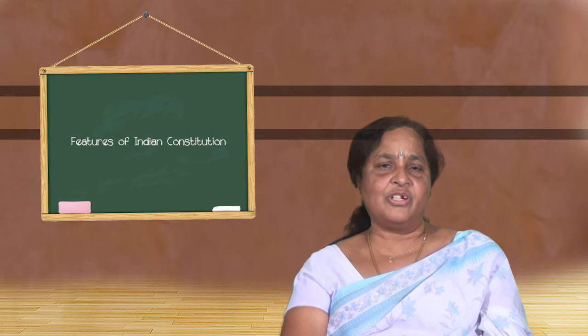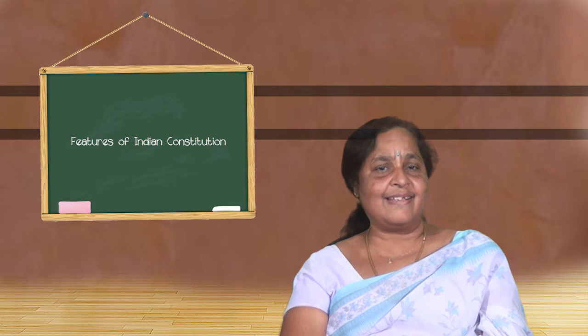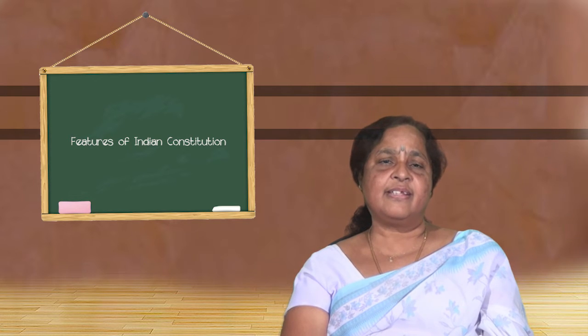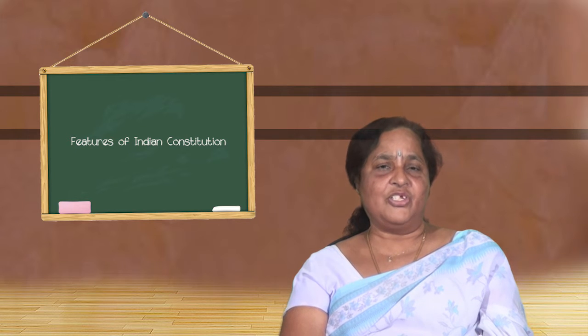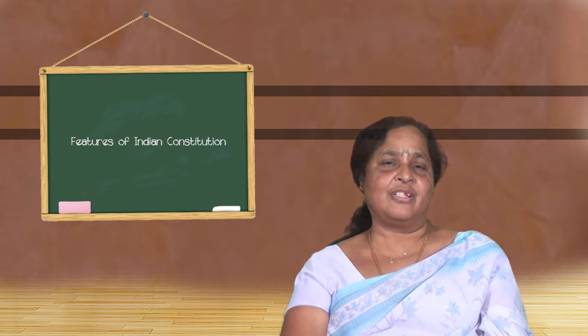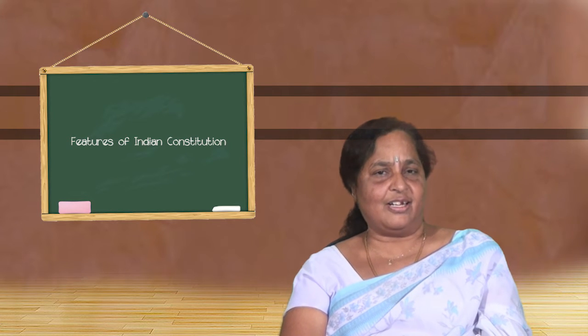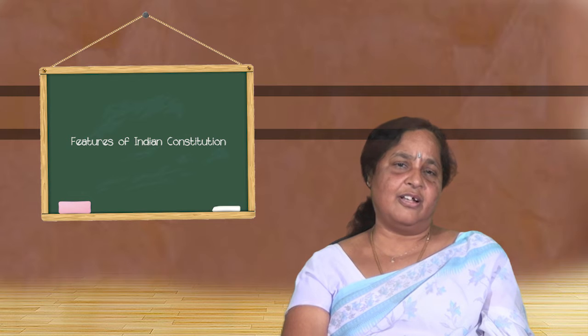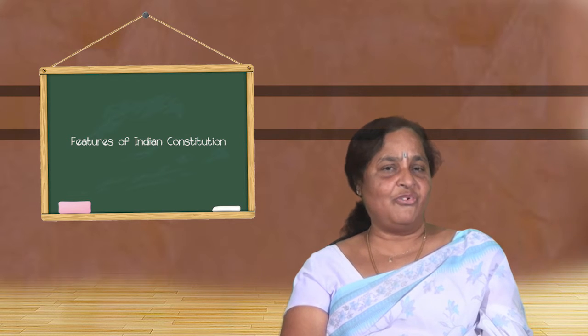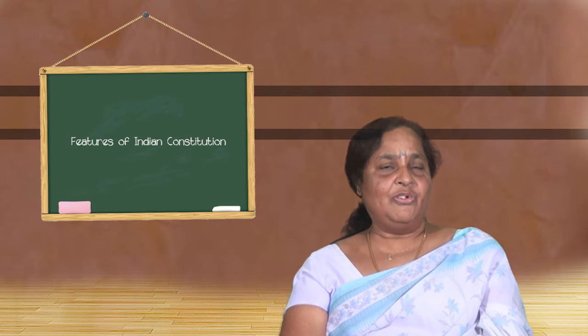So our Indian Constitution is unitary in nature, meaning we have single citizenship and a single IAS examination. It is federal in the sense that there are two sets of governments, the union government and the state government. Some authors say that our Indian Constitution is quasi-federal. Some features are federal in nature and some are unitary in nature.